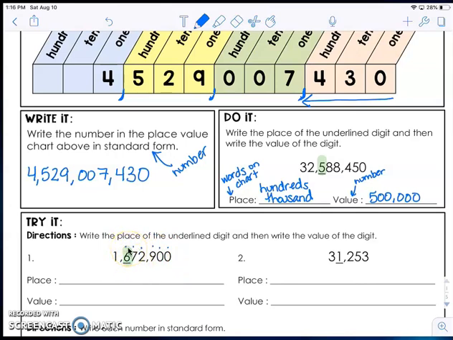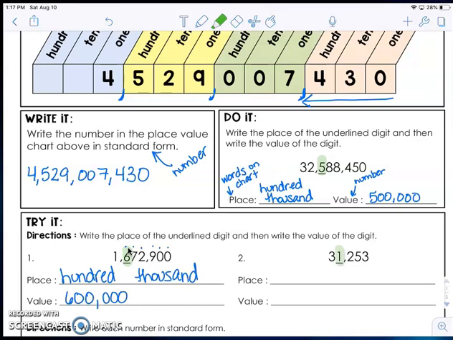So I am just writing down those words that are on that chart. So I have hundreds, 1,000, 100,000. All right. So that means that value, 100,000, I have a 6 in there, so it's just going to be 600,000.